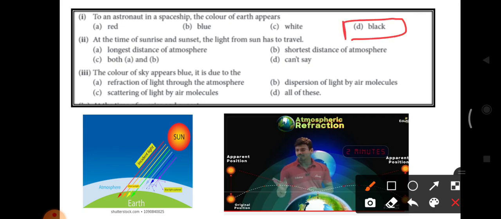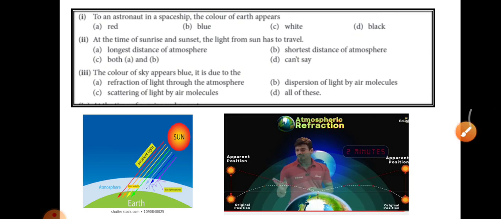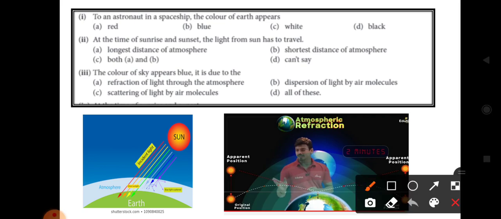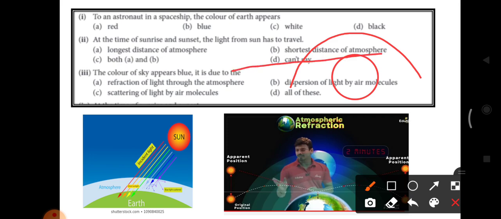The second question: at the time of sunrise and sunset, the light from the sun has to travel: option A longest distance of atmosphere, option B shorter distance of atmosphere, option C both A and B, option D cannot say. See, this is our earth and atmosphere. This is the horizon line.